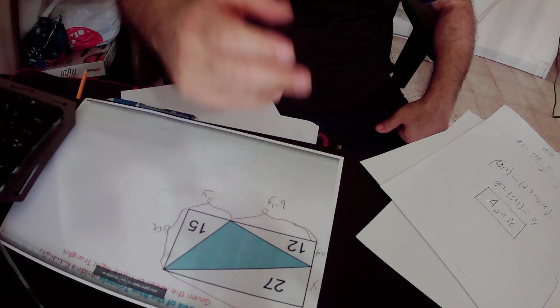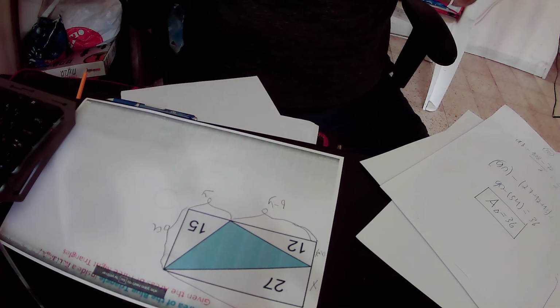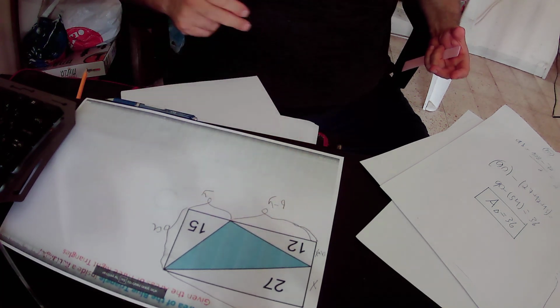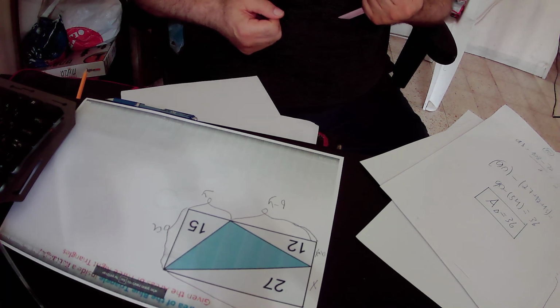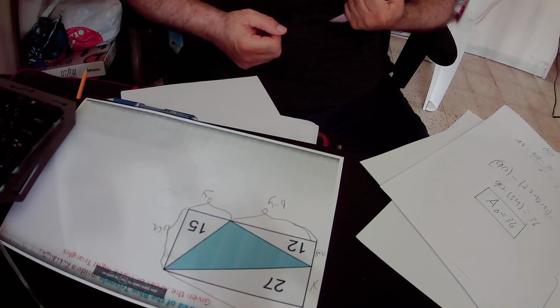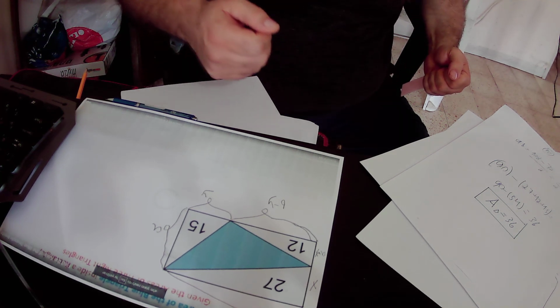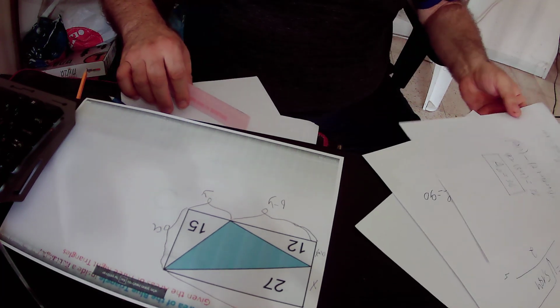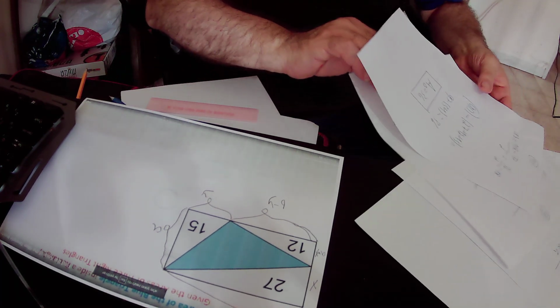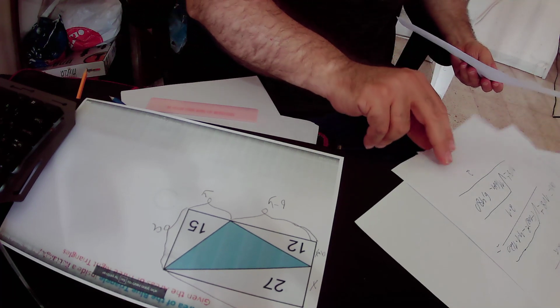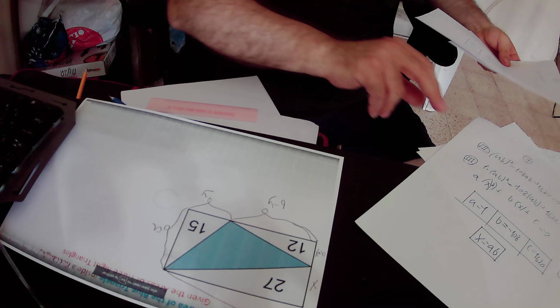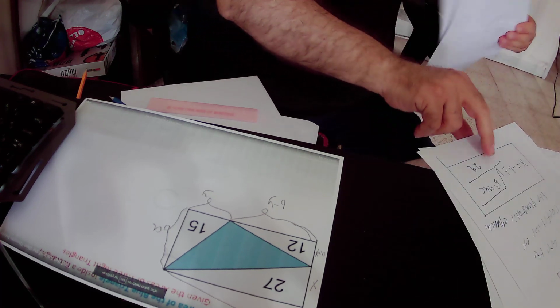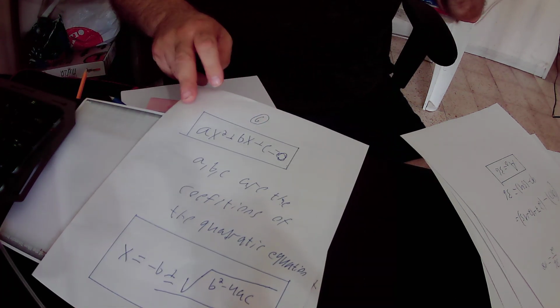So we created those three equations for the areas of the three right triangles, and in this way we got a quadratic equation where the variable actually was AB. And I presented you the general formula for a quadratic equation.